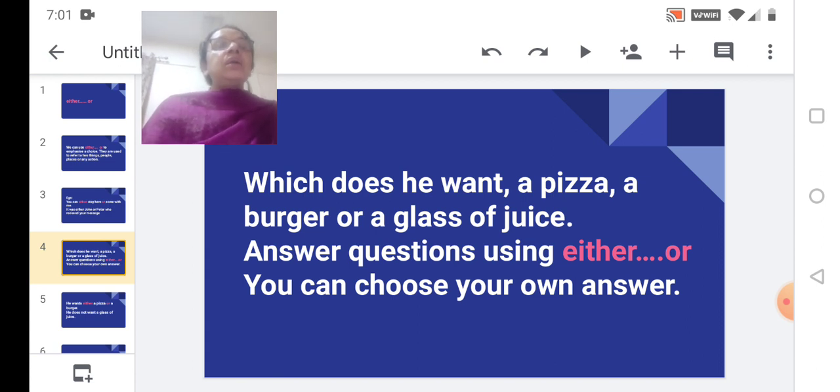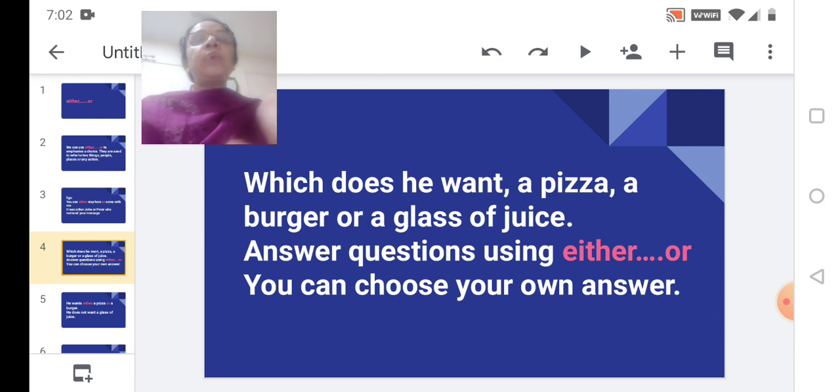Answer questions using either or. You can choose. There are three eatables given, but you have to make use of these two words, either and or, by choosing the eatables.